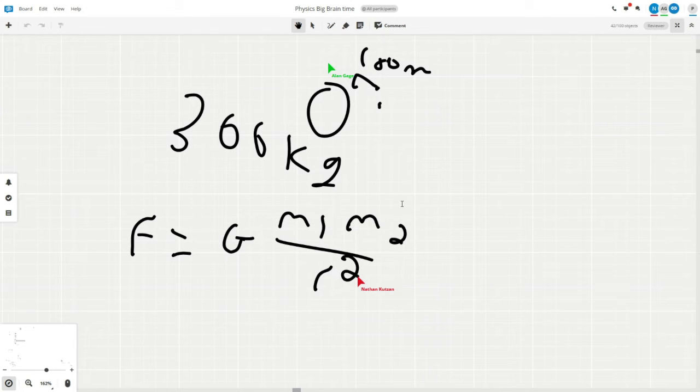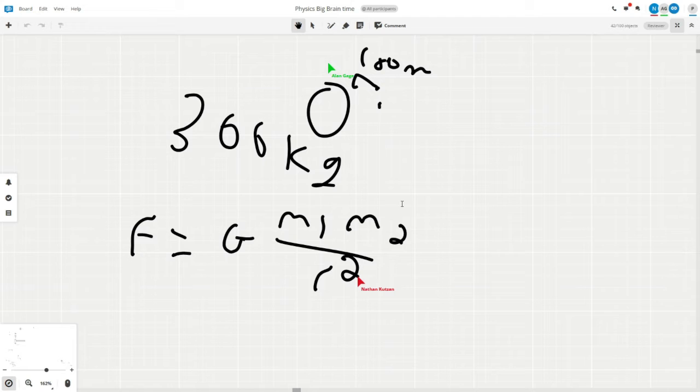So if we were to hypothetically get the mass, or let's say we had the mass and we were able to get the force, what would we do to get the acceleration if we had the force? Divide by the mass. Yep. So if we knew the force and we knew the mass of the person, we could divide.